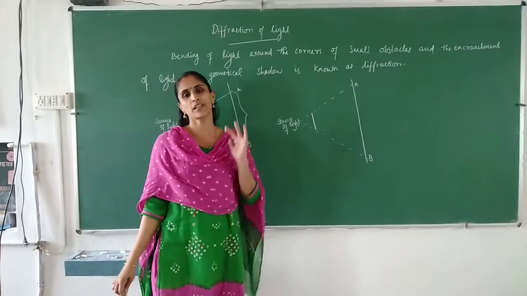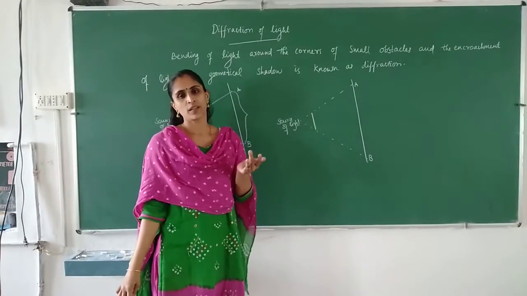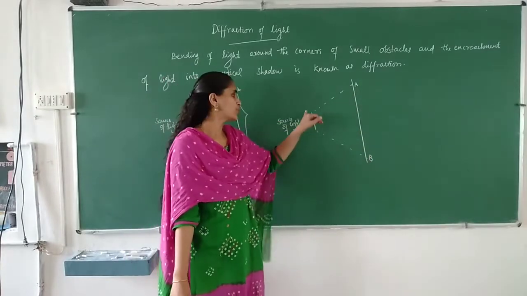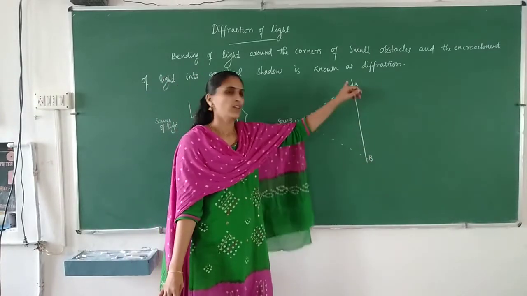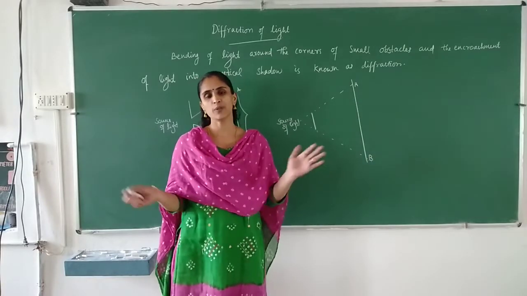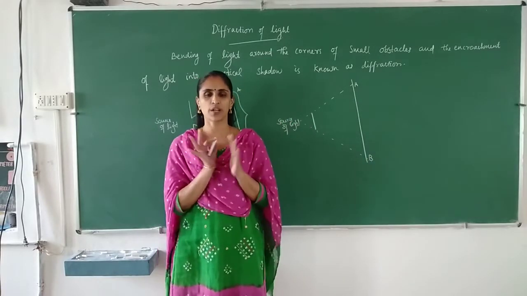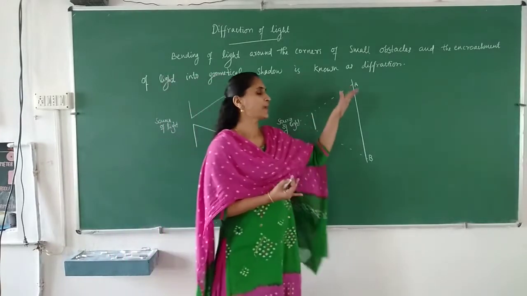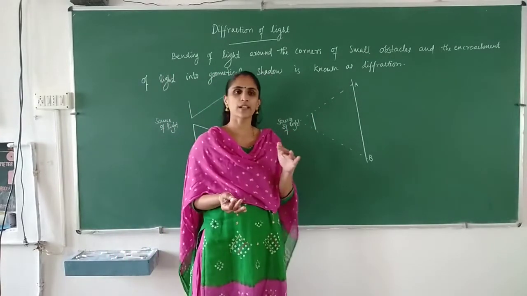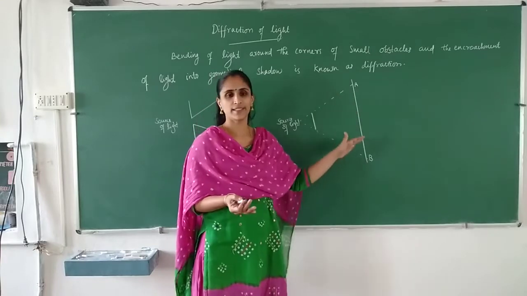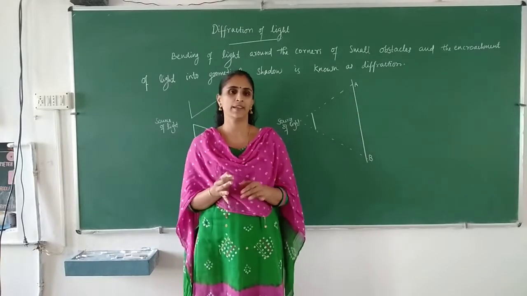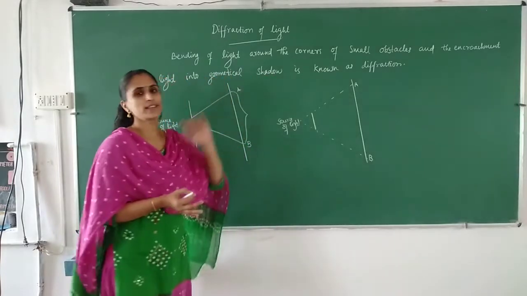So according to rectilinear propagation of light, we expect a perfect shadow of this object on the screen between A and B. But it was noticed that AB is not perfectly dark. Some amount of light is reaching here also, that is, the geometrical shadow is not perfectly dark. That phenomenon is known as diffraction.